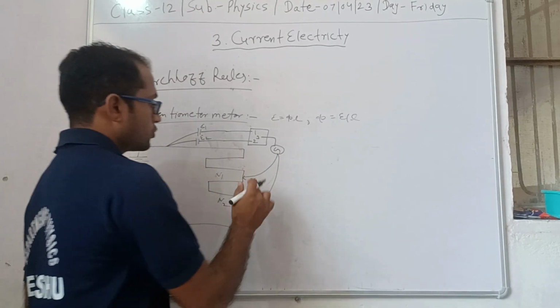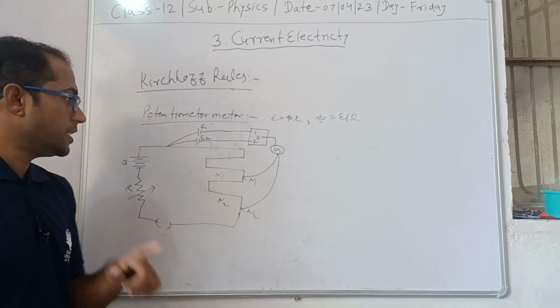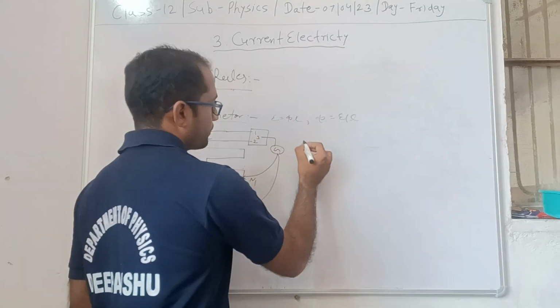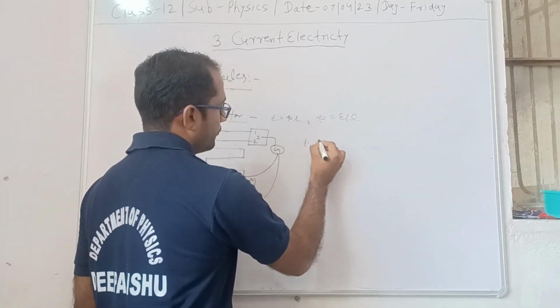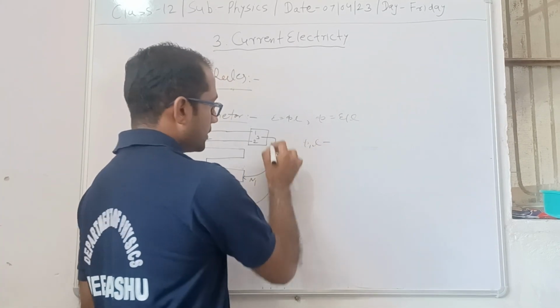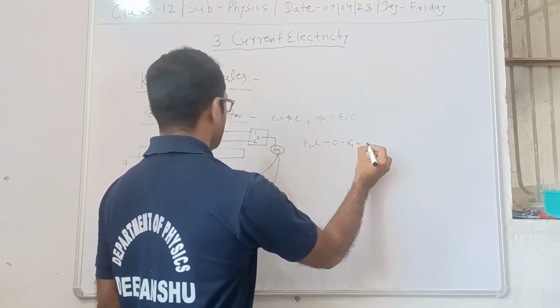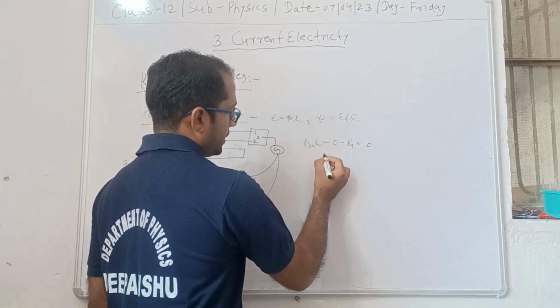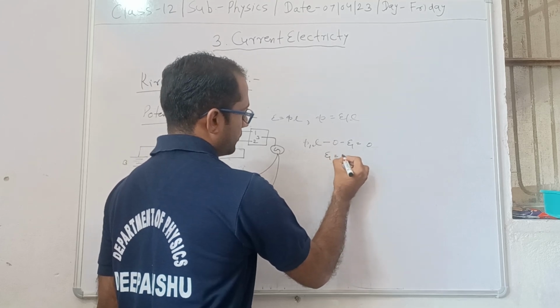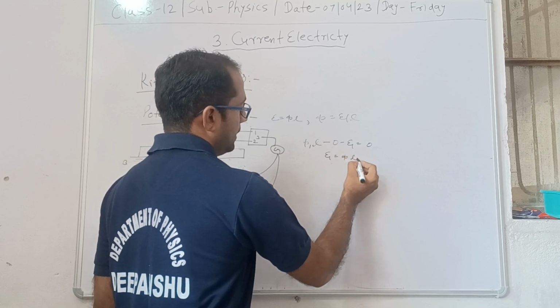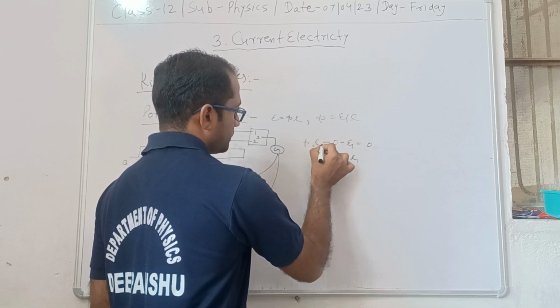Initially the jockey is connected to N1, so we get psi L1. The current through the jockey is 0, so 0 minus epsilon 1 equals 0. So we get epsilon 1 equals psi L1.